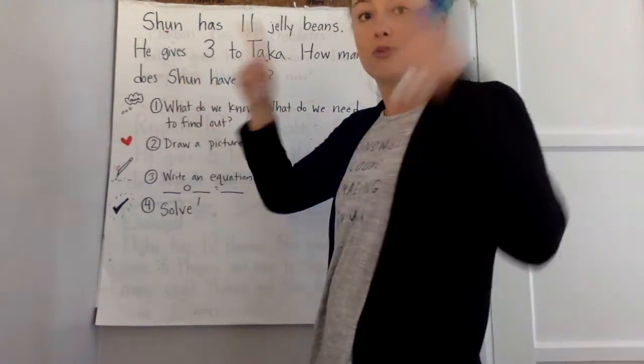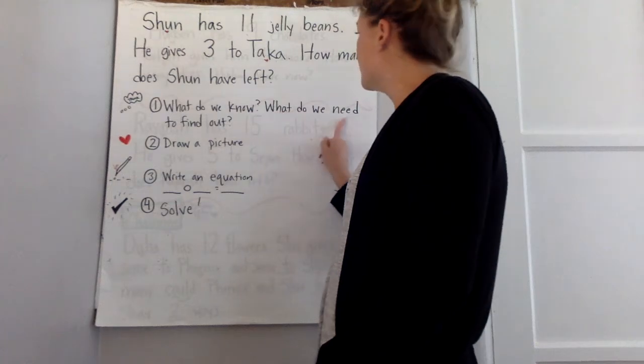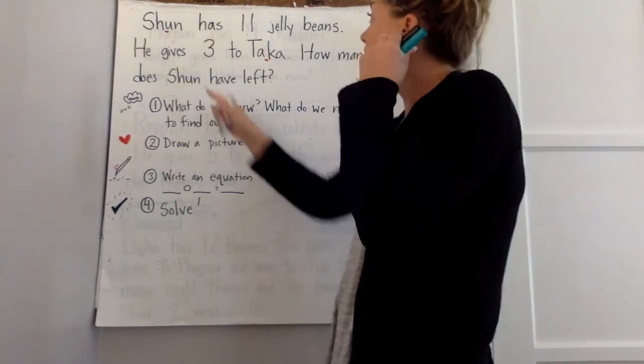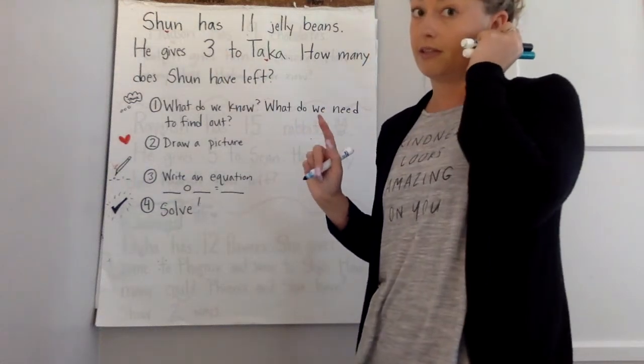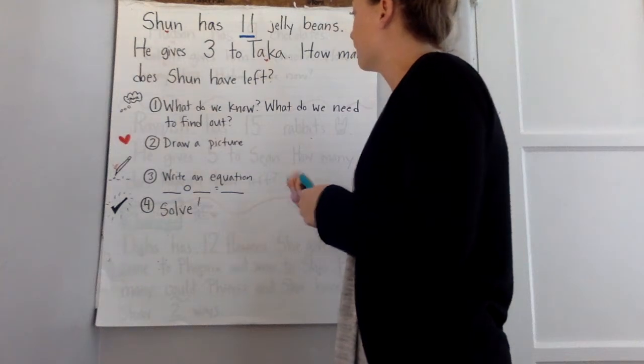Okay, friends, remember, first we think. What do we know? What do we need to find out? Well, we know that Shun has how many jelly beans? He has 11. What else do we know?